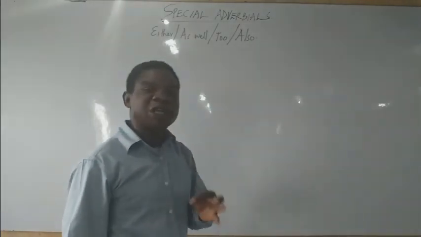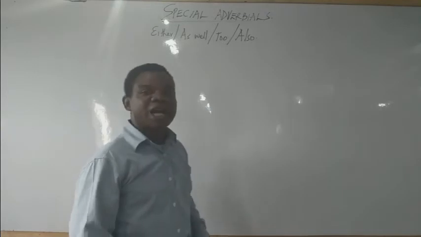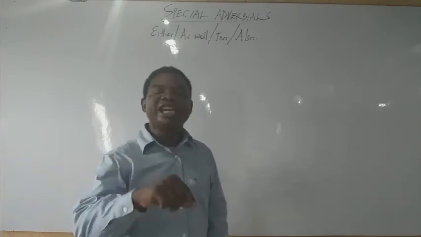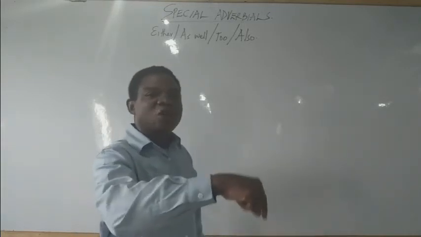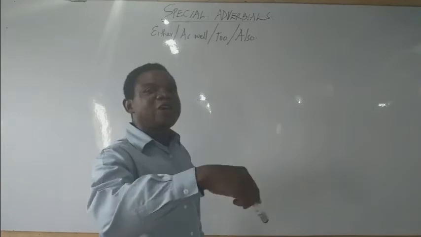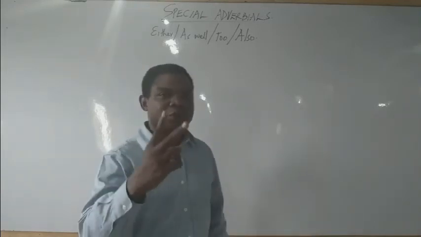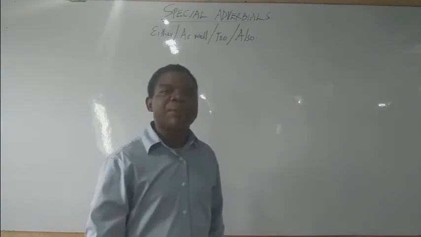Now please listen carefully to the structural usage of these words. First one, either. Either as a word can be used at the end of a sentence, that is, at the end of an expression, where you have two clauses, in which the two clauses are both negative.